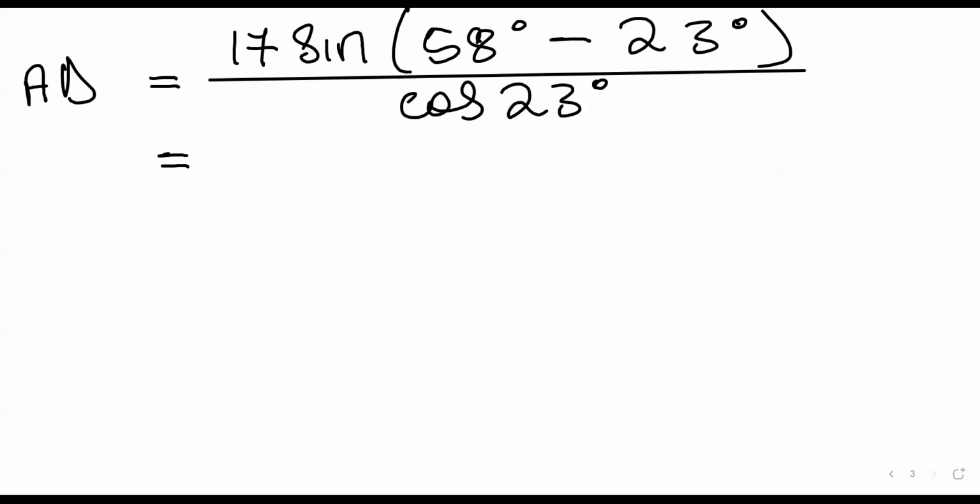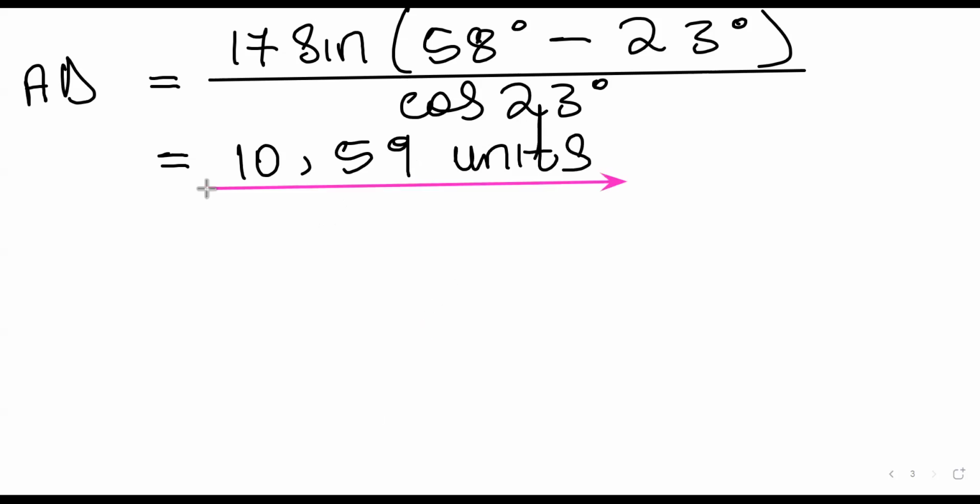They will tell you to how many decimal places you are supposed to round off your answer. So we'll be having 17 times the sine of 58 minus 23 divided by the cosine of 23. So correct to 2 decimal places, the length of AD will be 10.59 units. Yes, this is what we say.